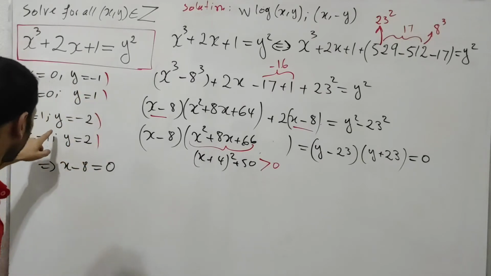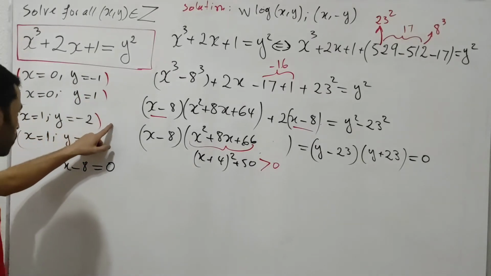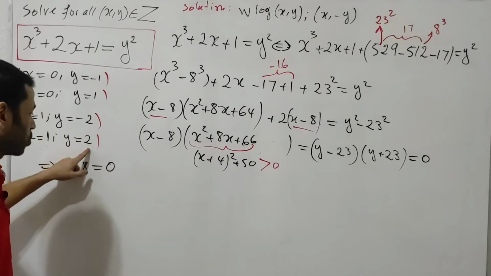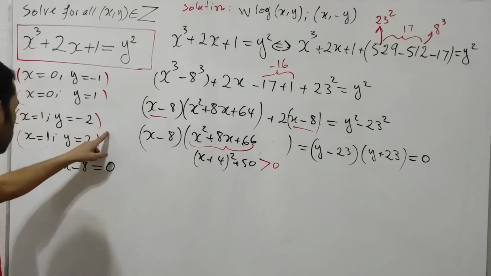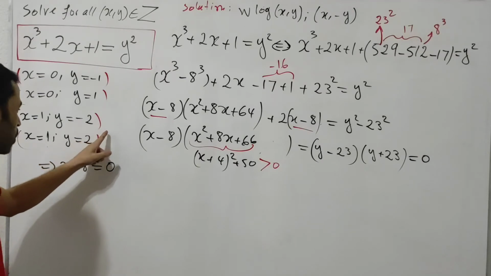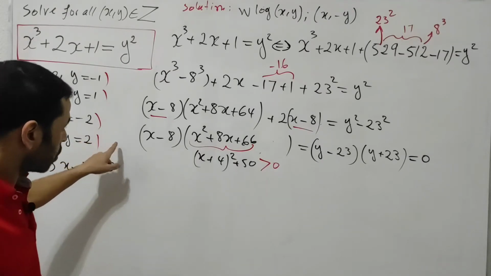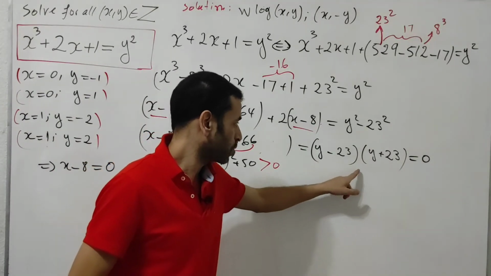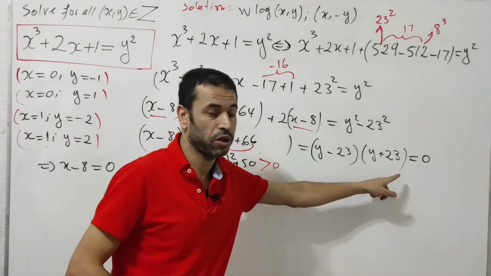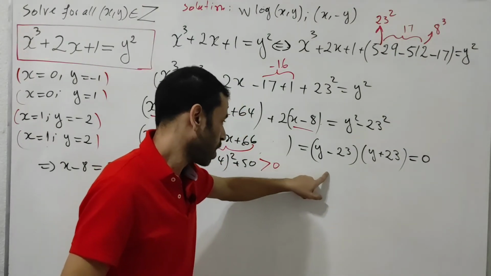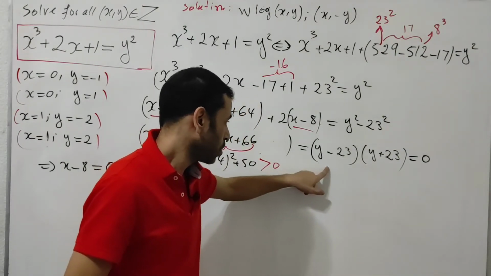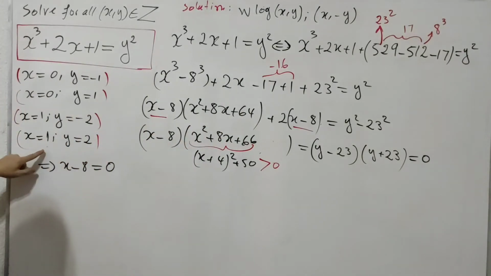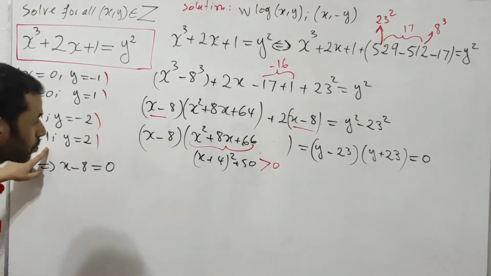When y is an even number, we found this solution, y equals minus 2, y equals 2. When y is strictly superior than 2, we found odd solutions, because y becomes 23 or minus 23. So to have the odd solutions for y, we have this expression. To have even solutions, we have the expression that we did before.